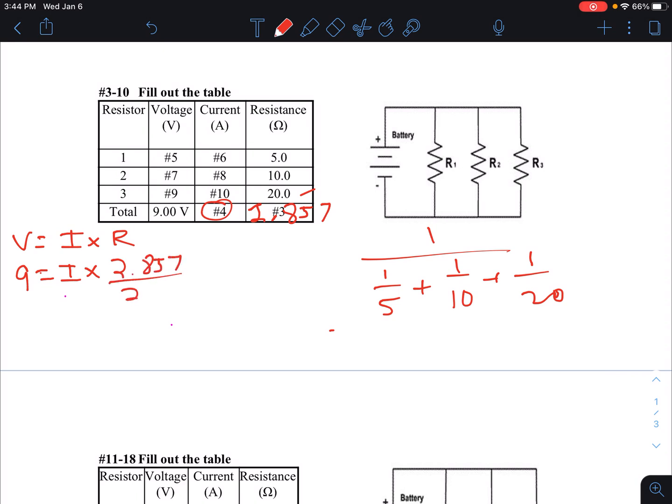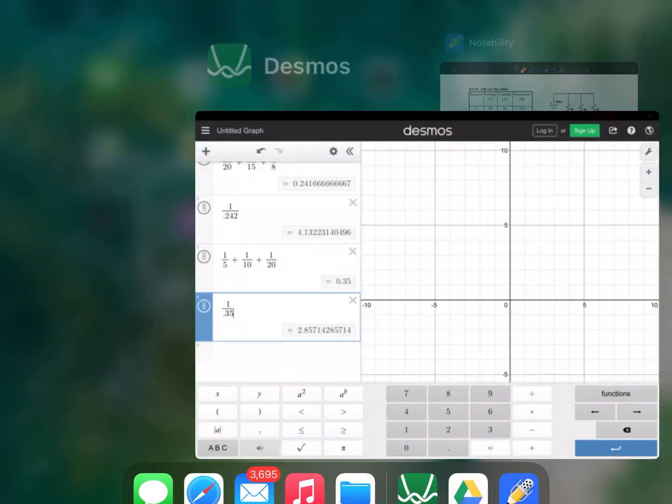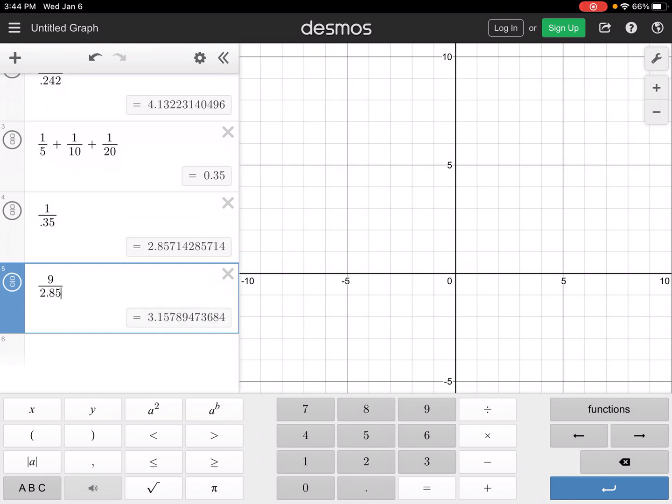So if we divide both sides by 2.857, that will cancel that out. 9 divided by 2.857 gives us 3.150.